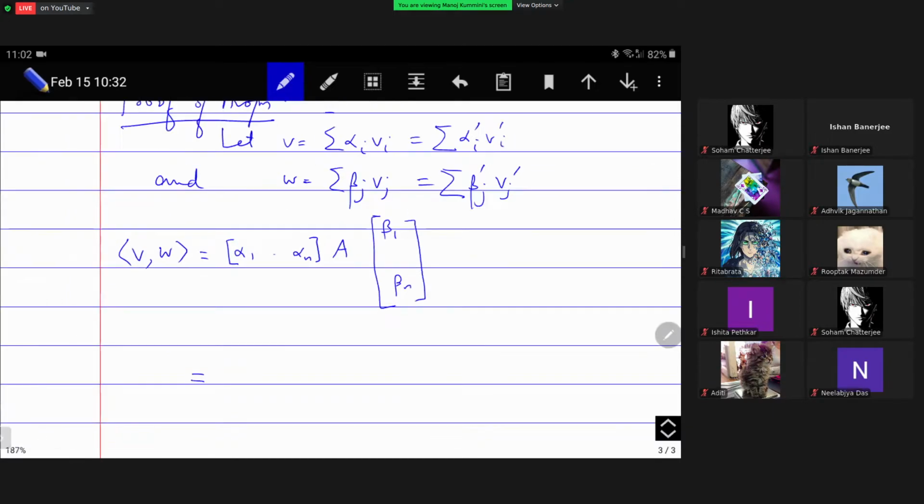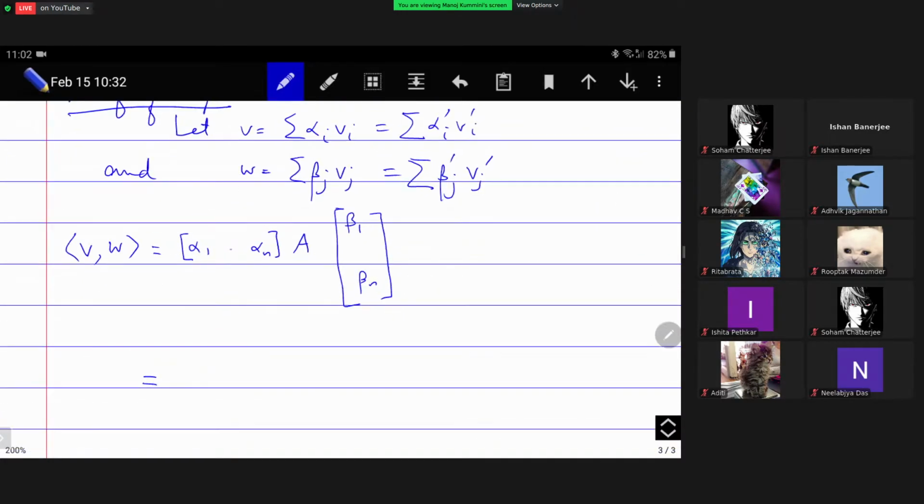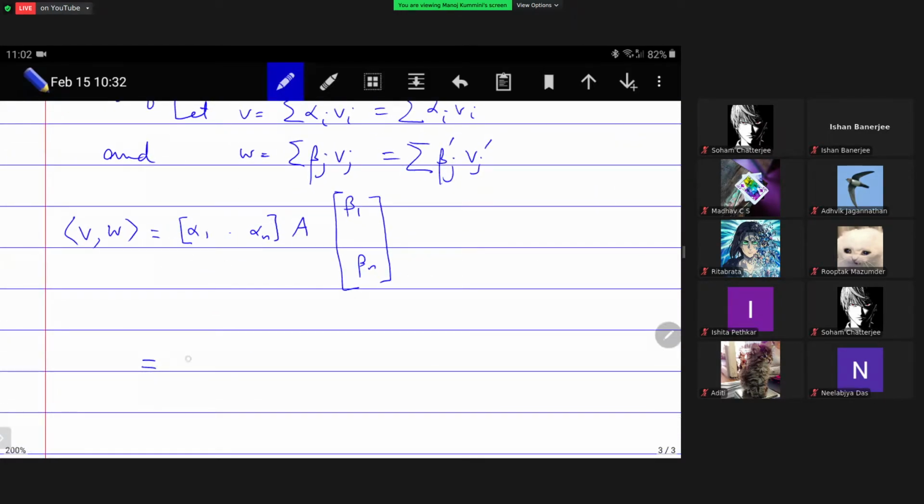This is the same as: the alpha 1 through alpha n vector is given by P times the corresponding primes. But we are transposing it here. So this would be alpha 1 prime through alpha n prime, P transpose, A, and here we'll have P times beta 1 prime through beta n prime.